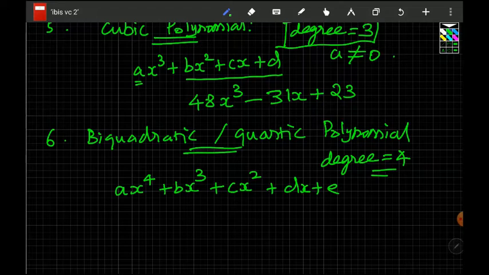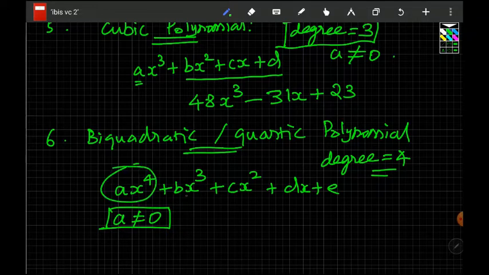Here a, b, c, d, e are real numbers and a cannot be 0. If a is 0, this term becomes 0 and it becomes a cubic polynomial. Beyond this is not required.